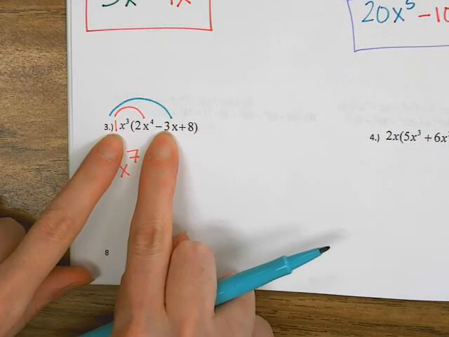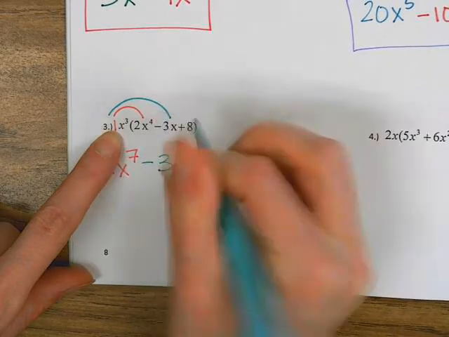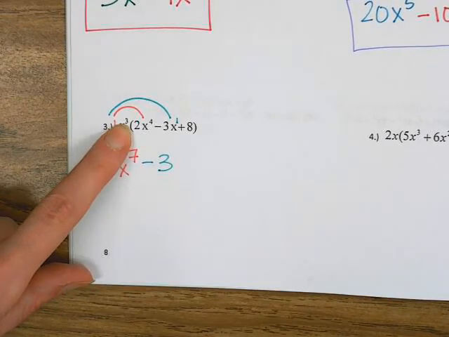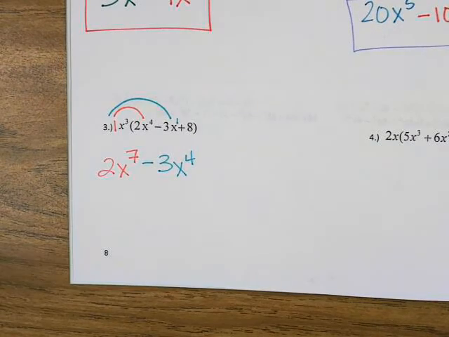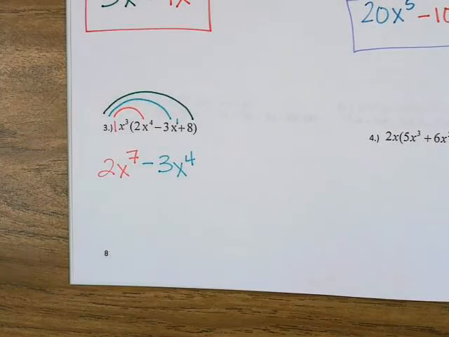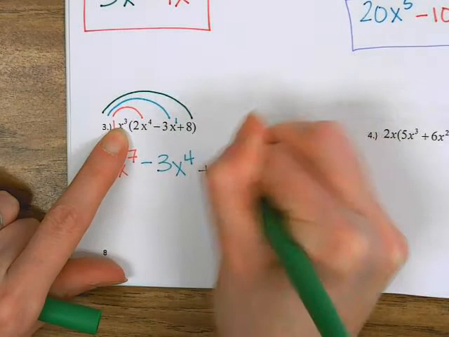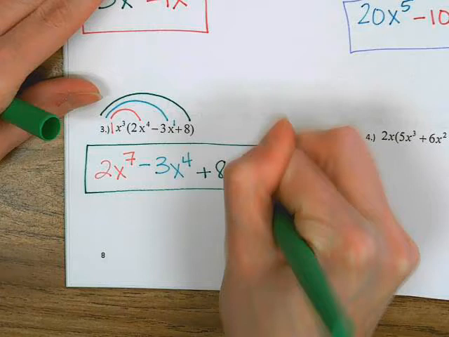If you multiply the numbers, 1 times negative 3 is negative 3. But if you add the powers, 3 plus that secret 1 is x to the 4th. And then 1x cubed times 8. Well, 1 times 8 is just 8, and there's only 3 of them there. There's none to add, so it just stays 8x cubed.